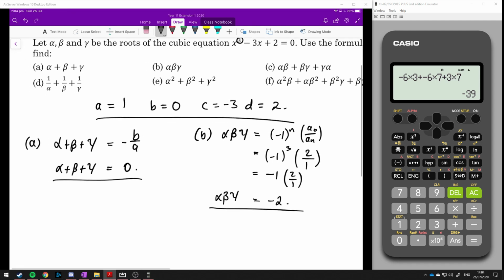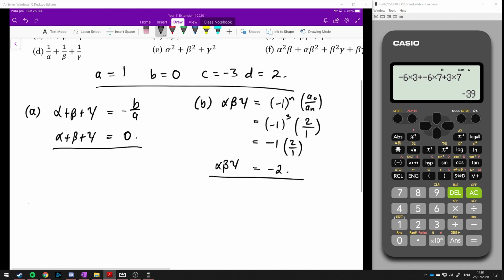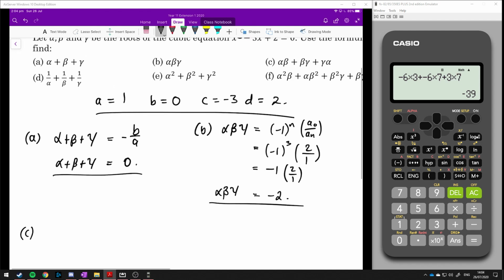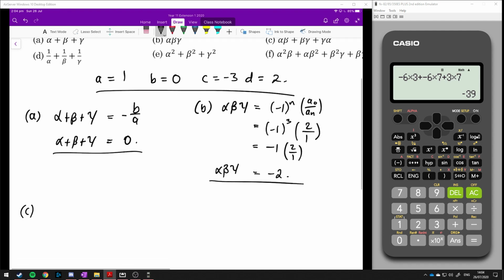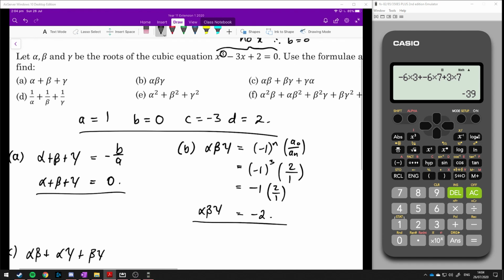Okay, now C, we've got the product of the doubles, sorry, the sum of the doubles. So alpha beta plus alpha gamma plus beta gamma. Now I know sometimes I have the beta gamma and this around the other way mixed up, but it is exactly the same, okay?